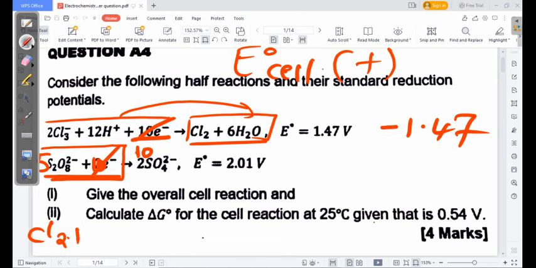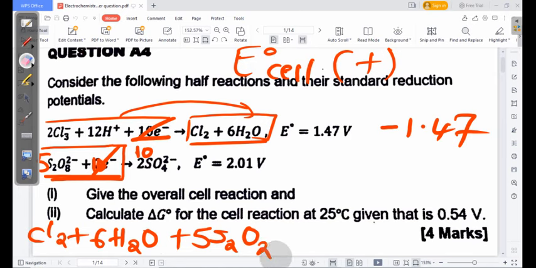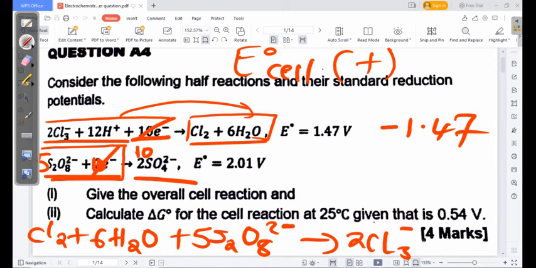So Cl2 plus 6 water molecules plus 5 S2O8 2 minus, and then our products, we have this plus the other: 2 ClO3 minus plus 12 hydrogen ions plus this one, 10 of it.